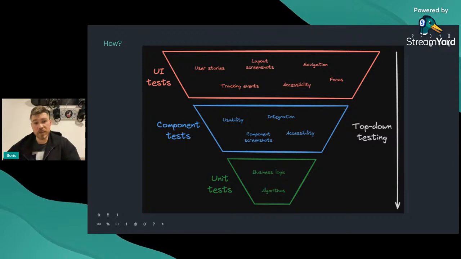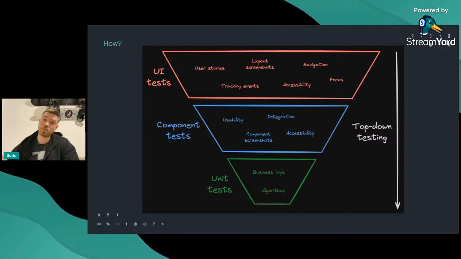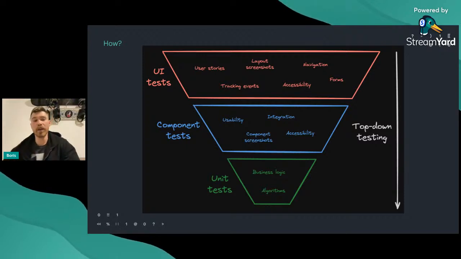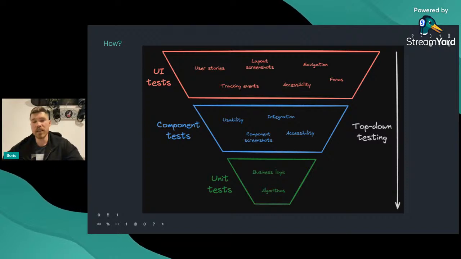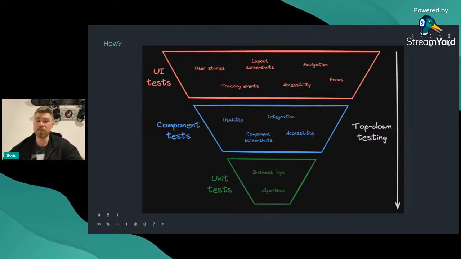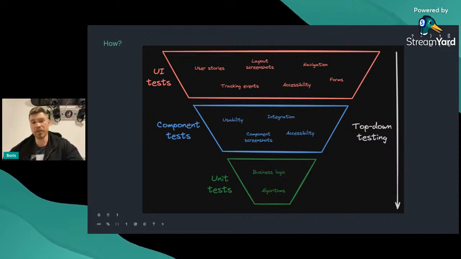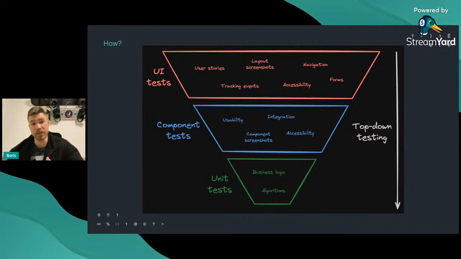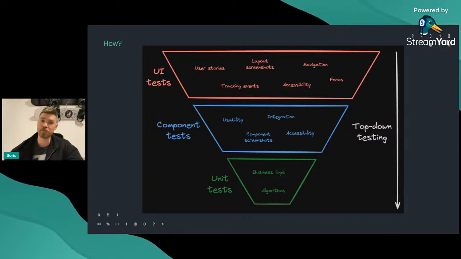And to do this, a very good strategy is to go top down, where you start with high-level UI tests. These are performed from the perspective of the user, and they test user stories. They check whether events are tracked correctly, whether the application looks like it should on various devices and themes.